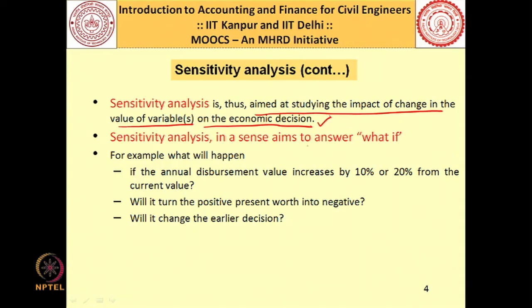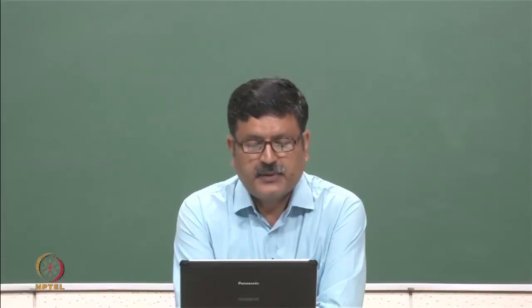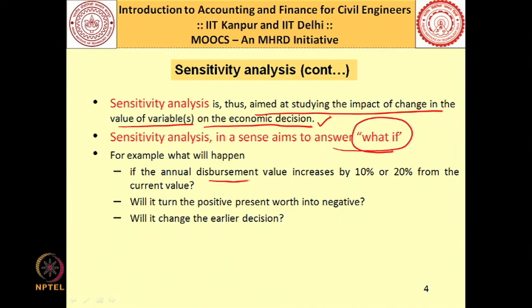Sensitivity analysis is also sometimes referred to as what if analysis. So, it is the same as what if analysis. We would like to see what happens if I change this variable from this value to this value. For example, if my annual disbursement value increases by 10% or maybe 20% from the estimated value which I have used in my analysis, what will happen to my decision?